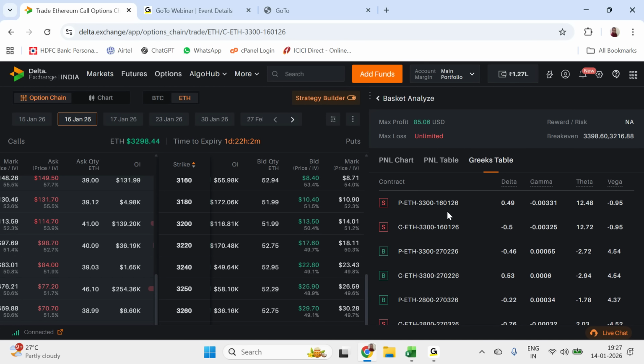On 16th, after you initiate these things, say there are 3300 level, it is oscillating. Suddenly you saw the price gone to 3600, or price fallen back to 3000.